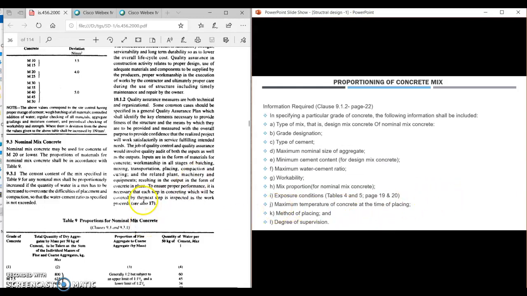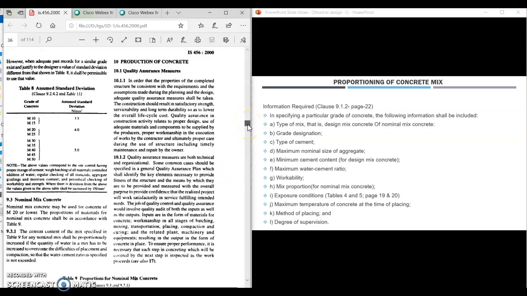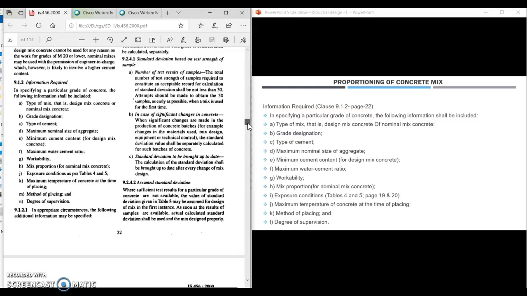While preparing the mix proportions, some important points are noted. It is mentioned in the IS 456, clause 9.12, information required. The type of mix, design mix or nominal mix.